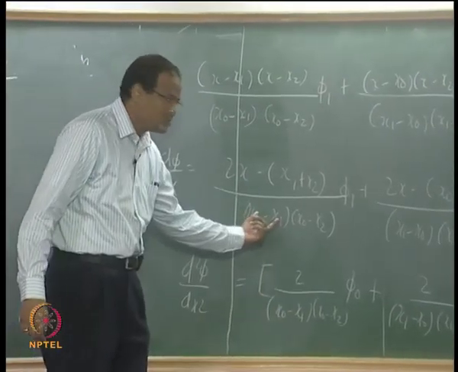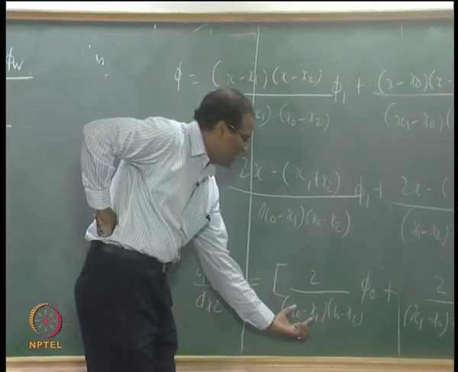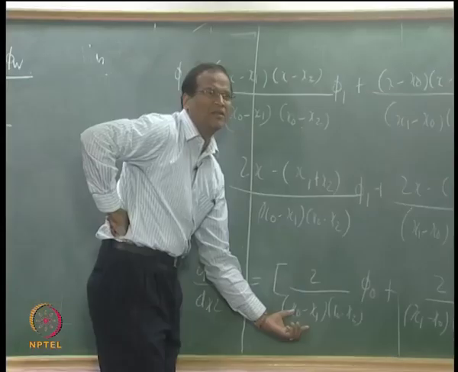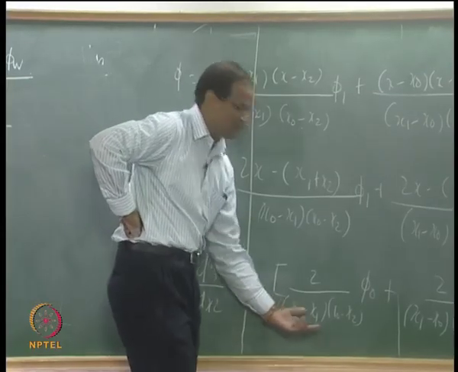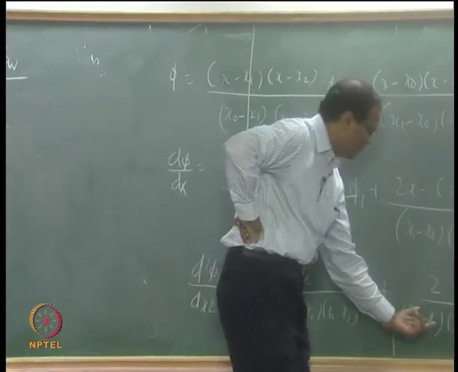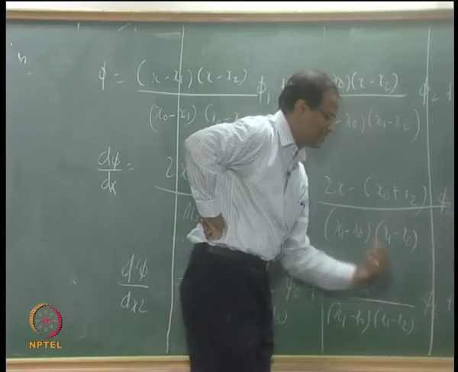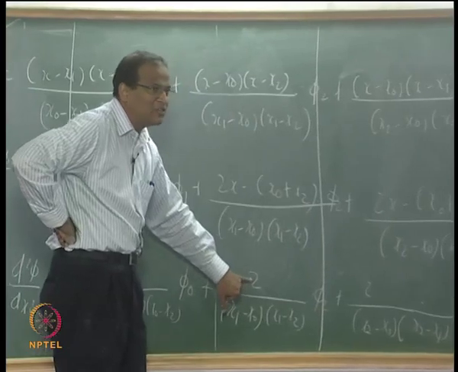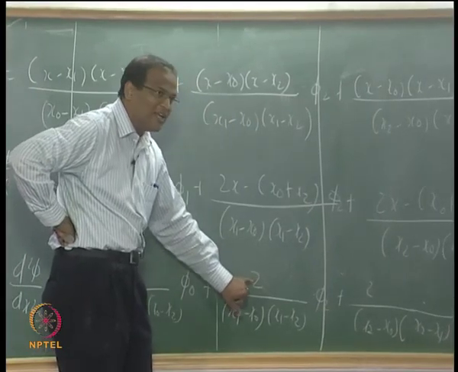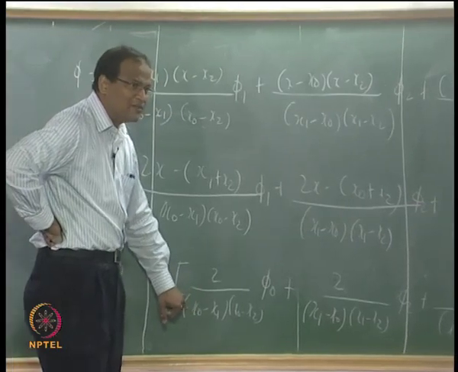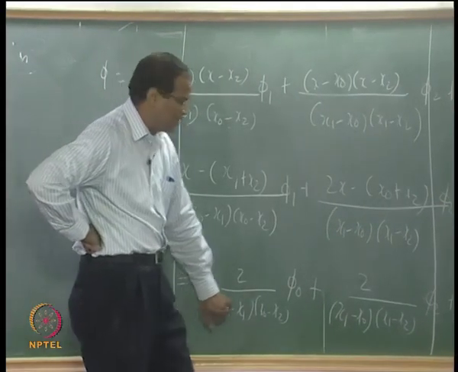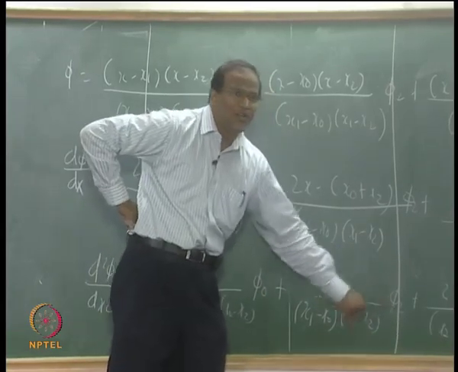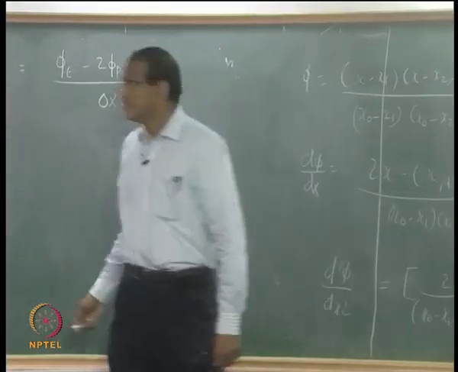So this will be delta x, watch this. This will not be delta x, please correct me, minus delta x. So this will be minus delta x, this will be minus 2 delta x, this will be delta x minus delta x. But this fellow already has a 2 in the denominator, these fellows have a 2 in the denominator, this fellow does not have a 2 in the denominator, therefore this fellow will get multiplied twice. So that is the node under consideration.